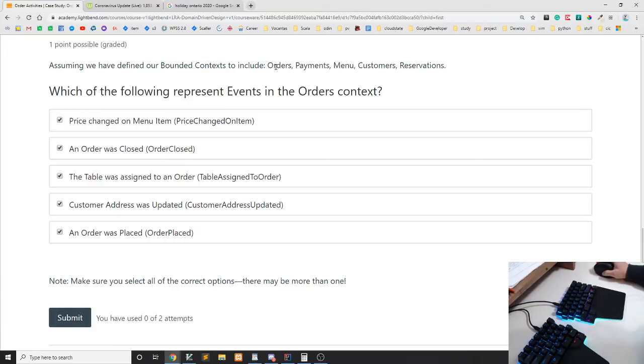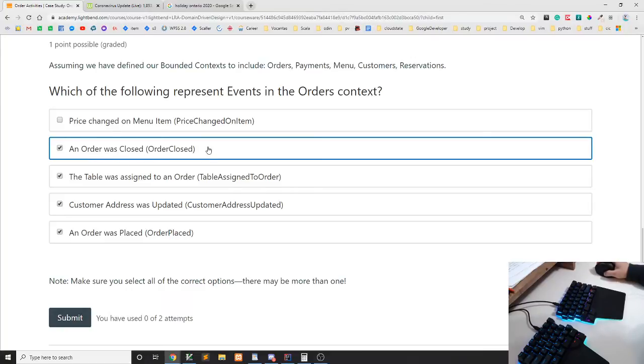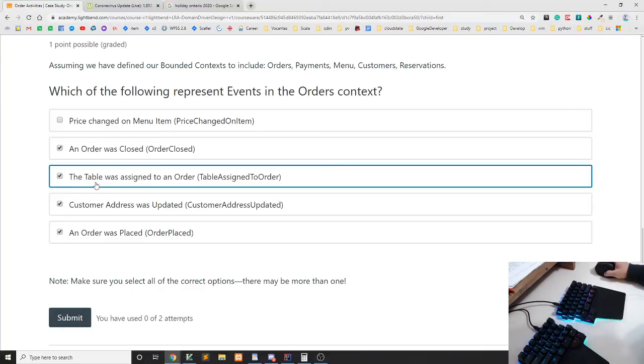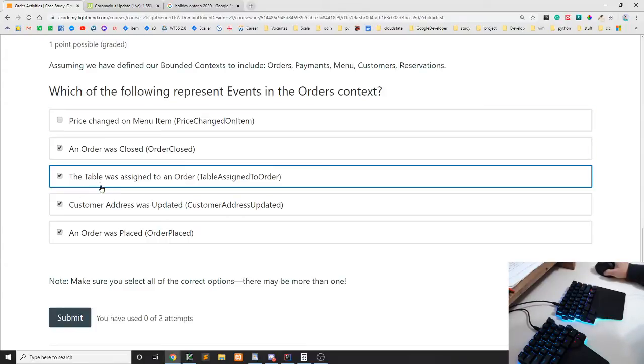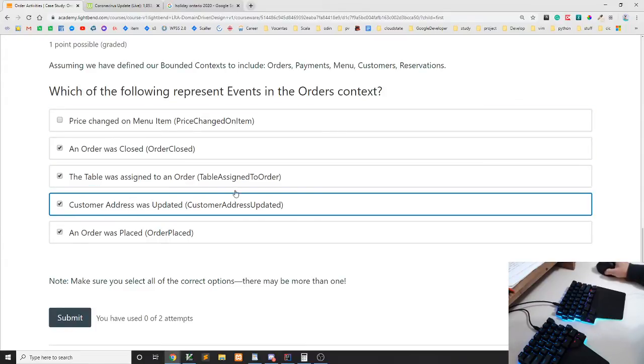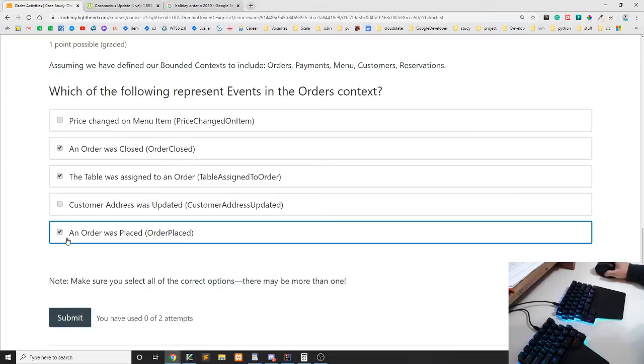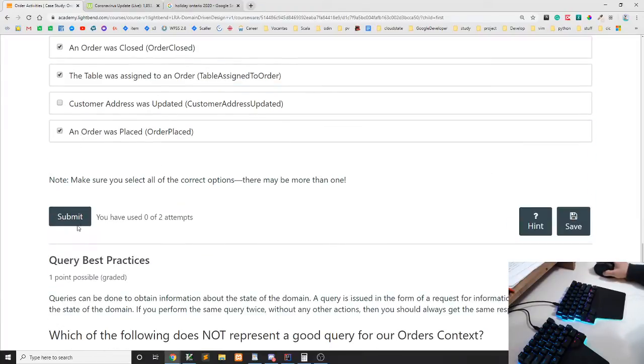Define a bounded context to include most events in the order context. Oh, order context, sorry. Price change in the menu is not about the order, but in the menu. And an order was closed. Yes, order is closed. The table was assigned to an order because we don't have a table context, so it's possible. Customer address was updated. It's more like a customer thing. An order was placed. Order placed. So those three.